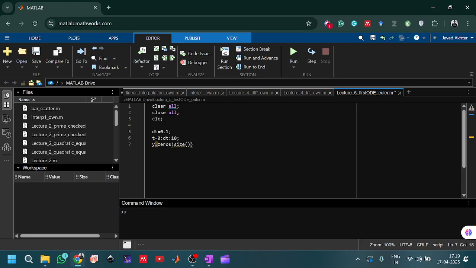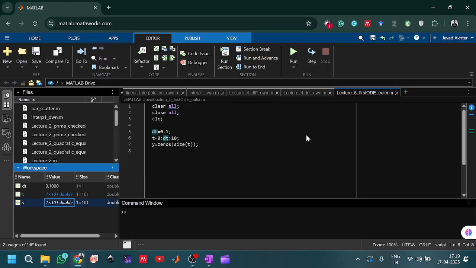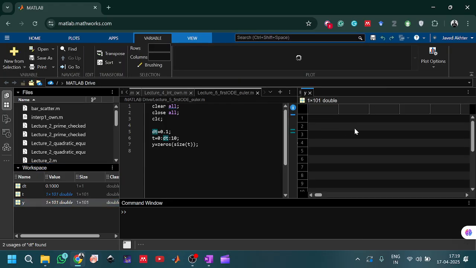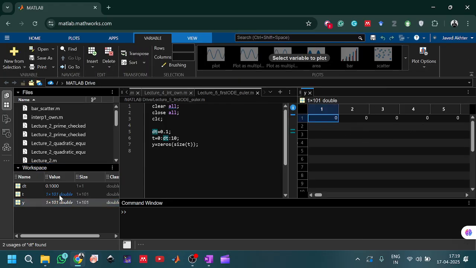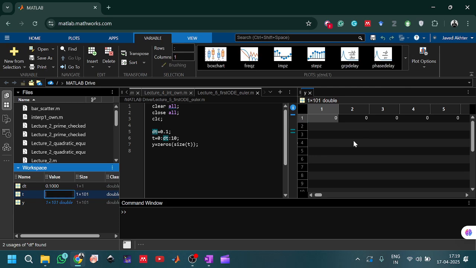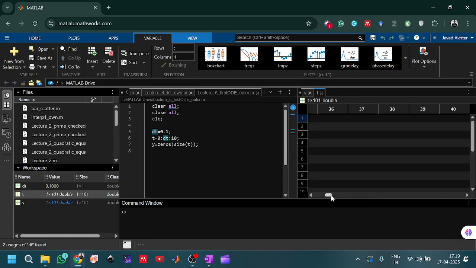This is another command by which you can create an array of the same length. Let me run it. You can see that we have created both the t array and y array. This is your y array where all the elements are 0, and this is your t array running from 0 to 10. Fine, all good.